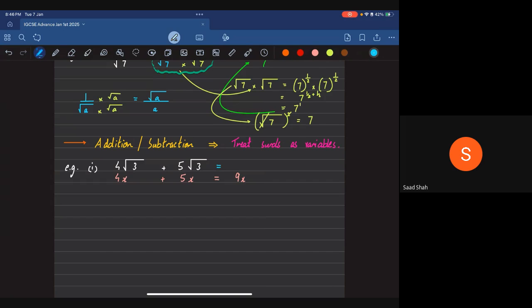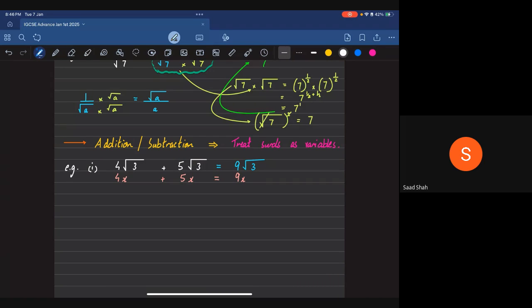Your coefficient is being added, and your variable, or your surd, which are being treated the same way, are being kept as it is. Is this clear, guys? It's the same thing as always, but there's a slight catch.